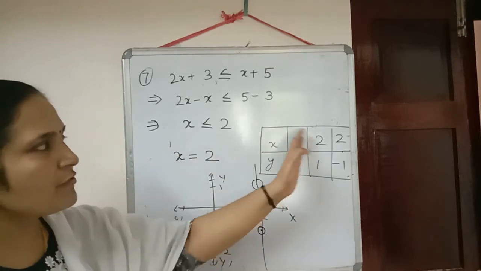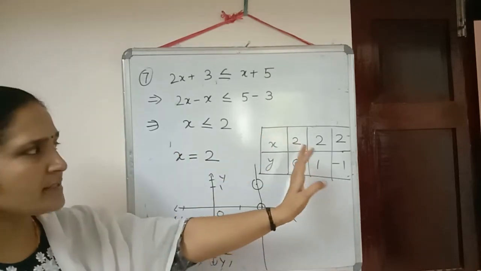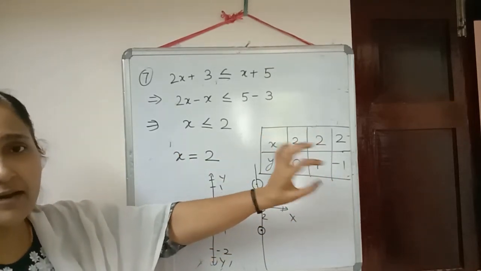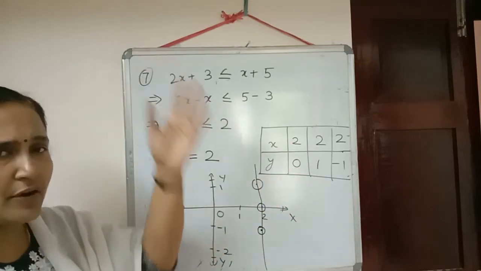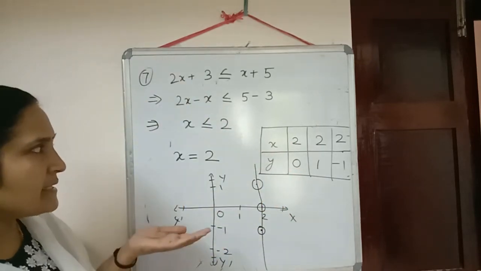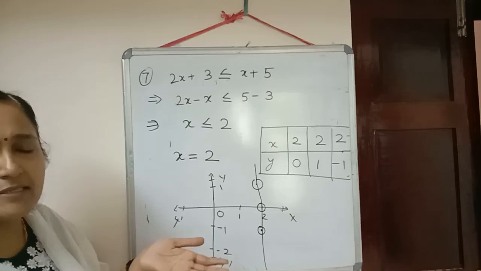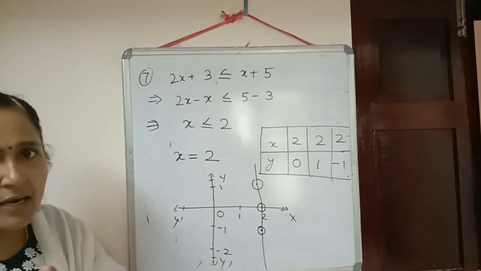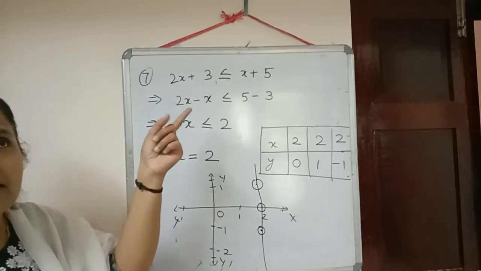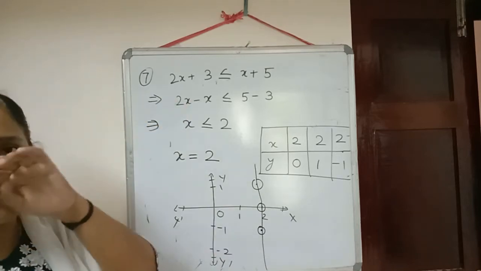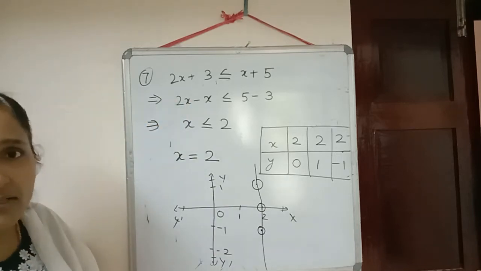You don't have to draw this one; I have drawn it to explain to you. If you know the concept, you can draw the line directly. If it is y is equal to 3, it will be a line parallel to the x-axis passing through the point y is equal to 3. That will be a constant.